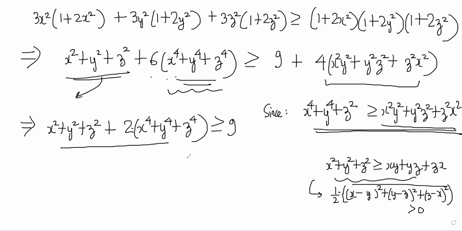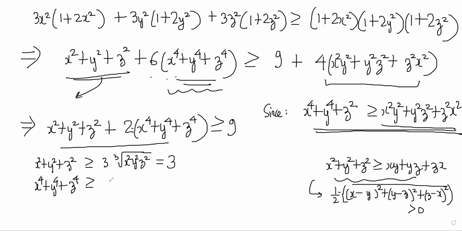So this is what we need to show, but we know that x square plus y square plus z square is greater than or equal to 3 times cube root of x square y square z square. And in the problem, we know that xyz is 1, so this is equal to 3. And similarly, x power 4 plus y power 4 plus z power 4 is greater than or equal to 3 times cube root of x power 4, y power 4, z power 4, which is also 3.